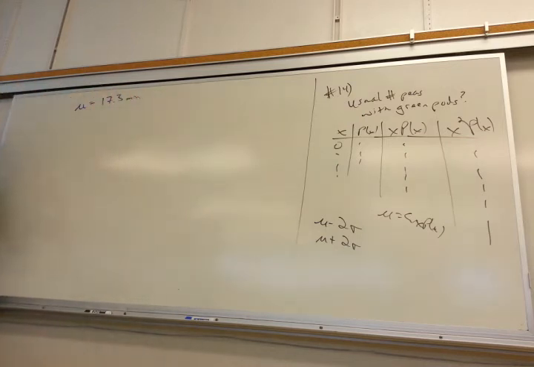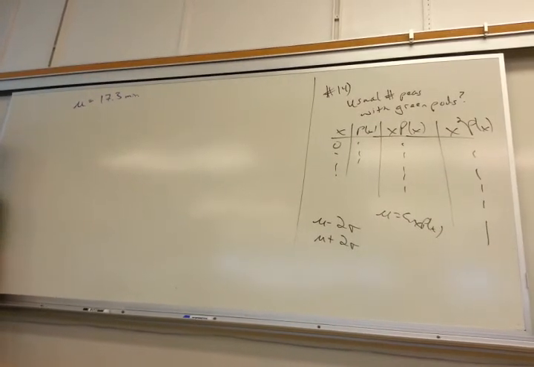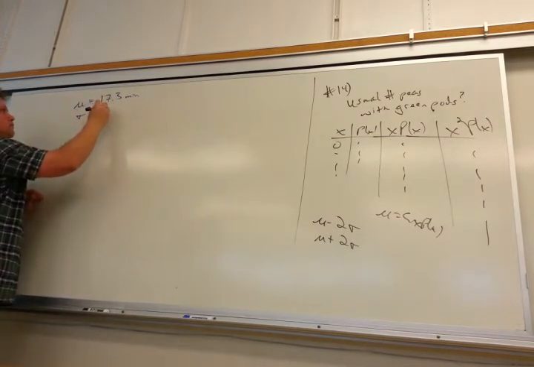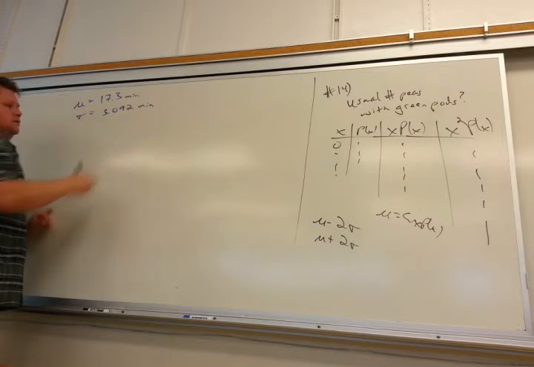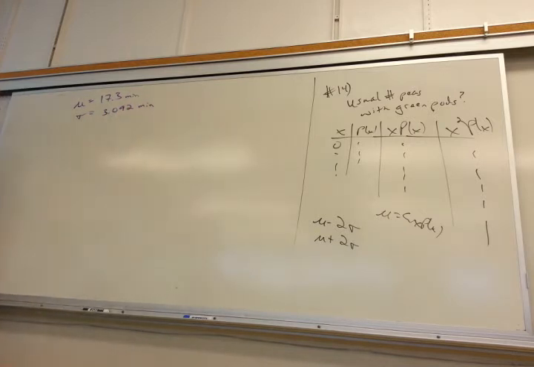You're a real stats geek, and you're just analyzing your trips and keeping track of it. So the average time is 17.3 minutes, and the standard deviation you figured out is, let's say 3.092 minutes. You guys with me so far?